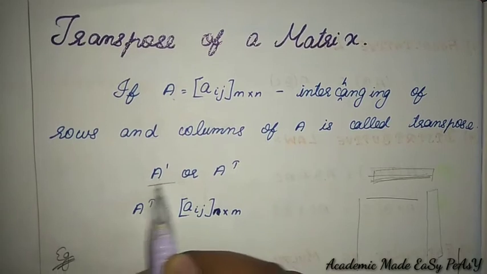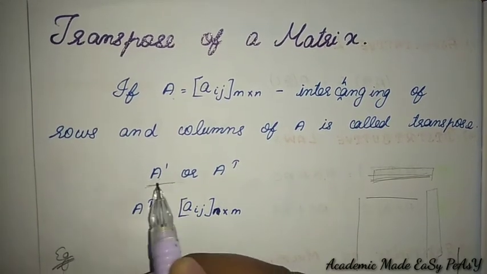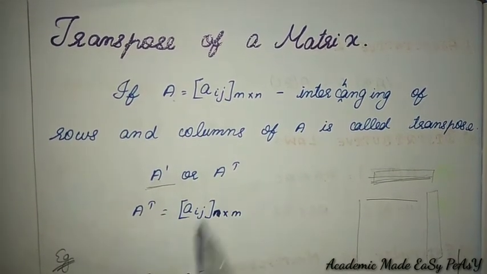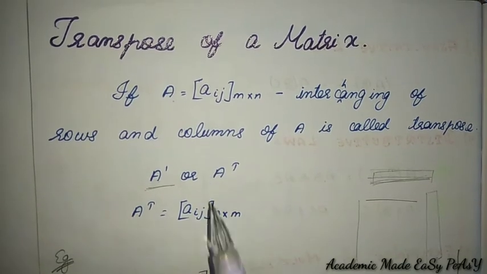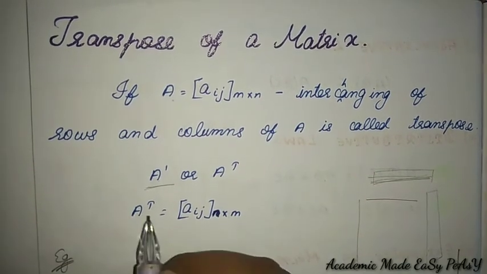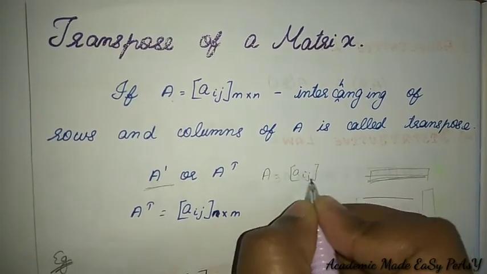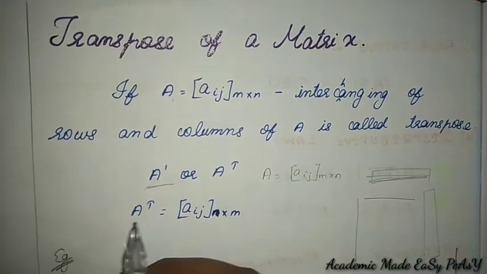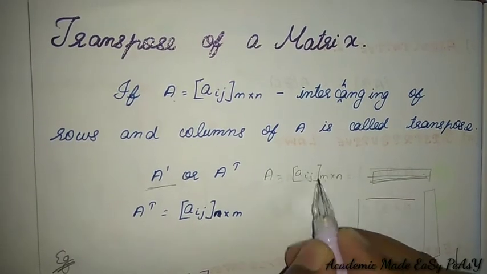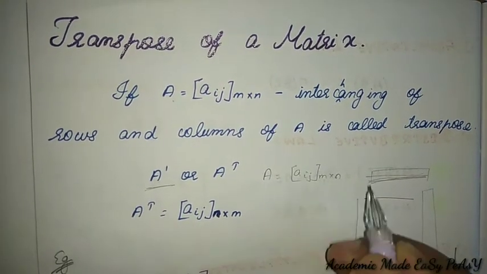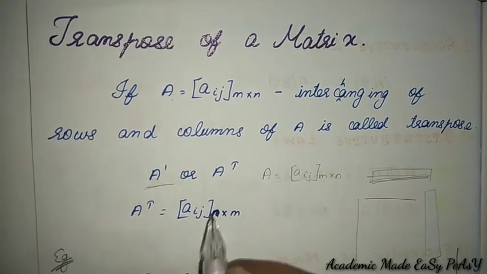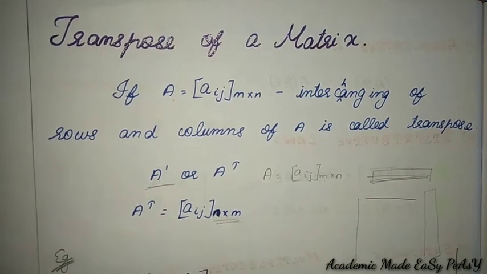So A dash or A power T is called a transpose of a given matrix. So when A is Aij of m by n matrix, then A transpose will be just opposite. M by n here means it will be n by m. So that is what is given over here.